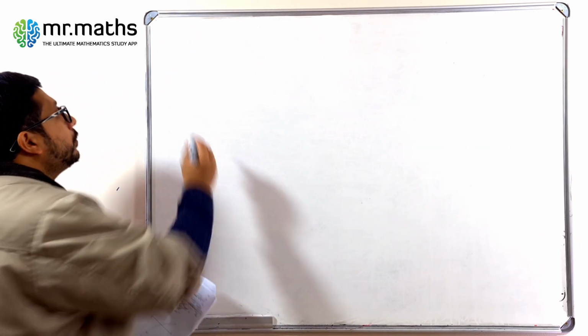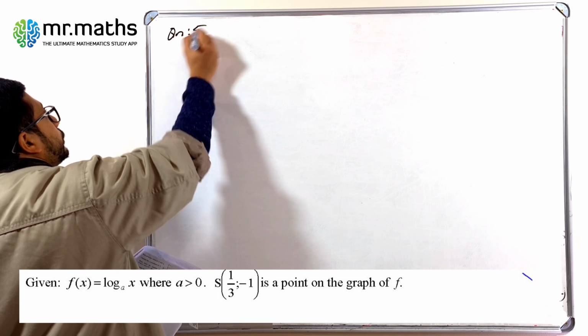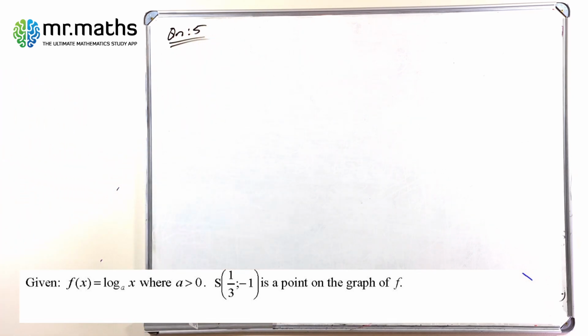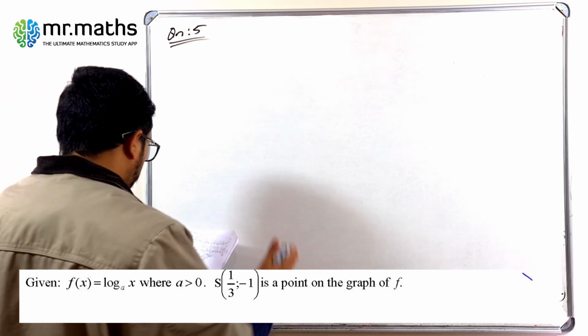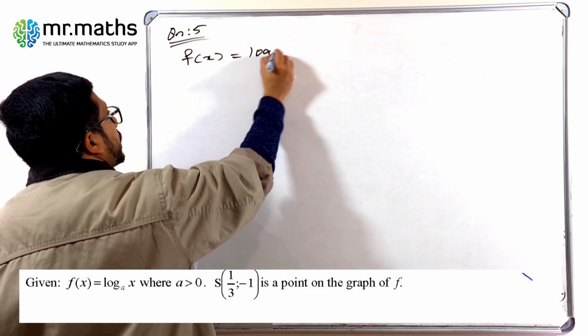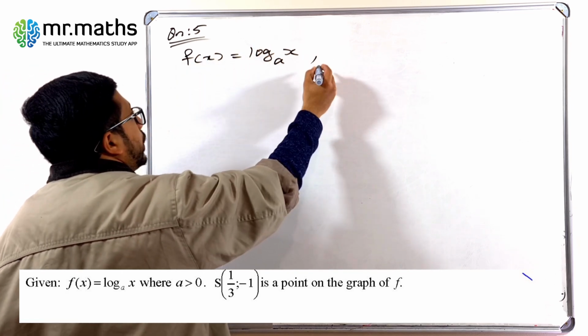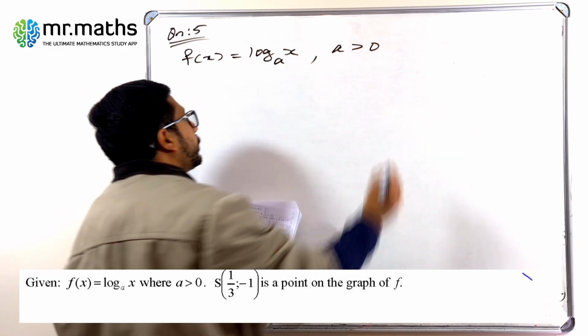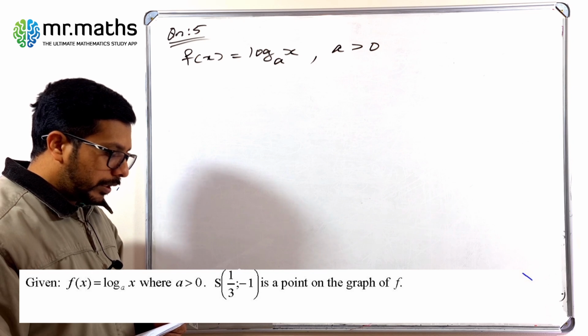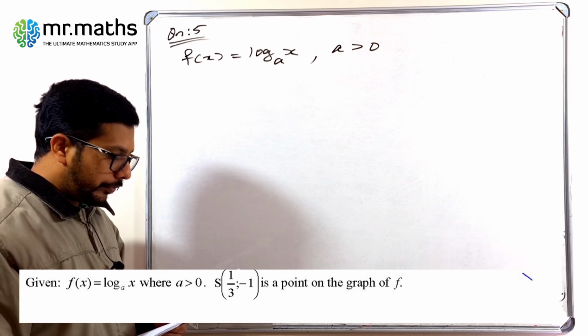Question number 5. What is question number 5? Given f of x is equal to log x to the base a, where a is greater than 0. S (1/3, -1) is a point on the graph of f.